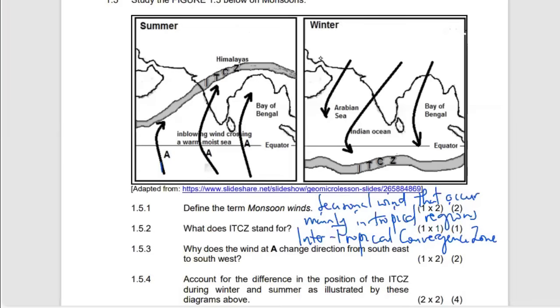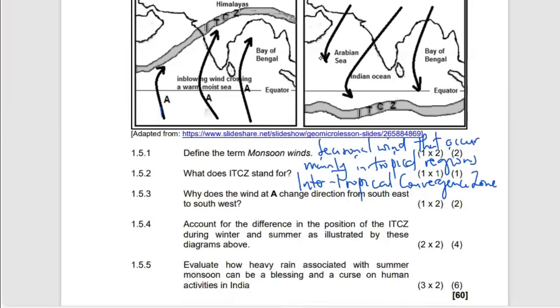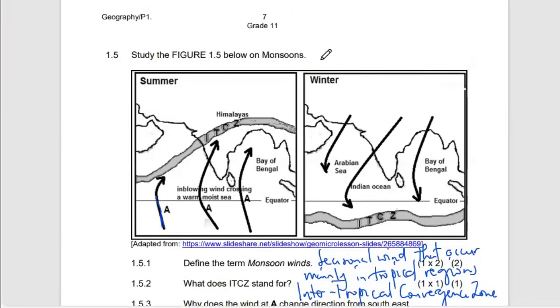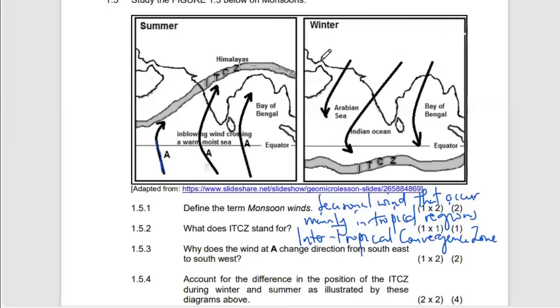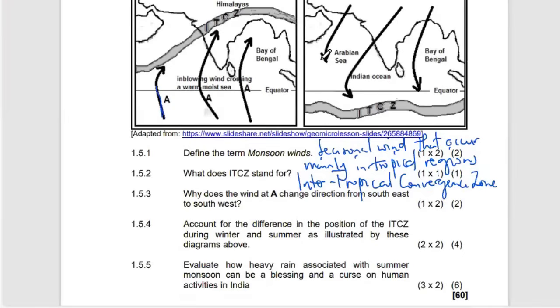Right. Why does the wind at A change direction from southeast to southwest? At A, you are seeing it was going to the south, from southeast to southwest.